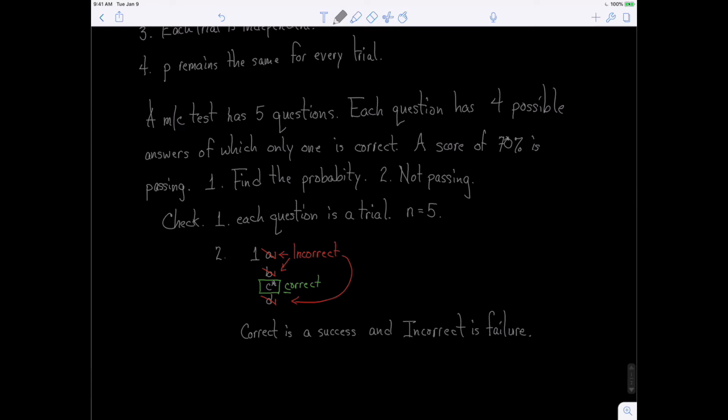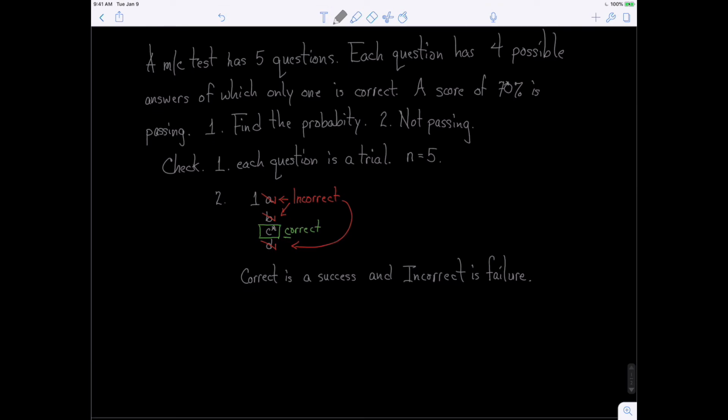Okay, so that passes number 2. And notice that if there's 4 possible answers, the probability of success is 1 out of 4, and the probability of failure, Q, is the other 3 out of 4. And P plus Q is 1/4 plus 3/4, which gives me 4/4, which is 1.